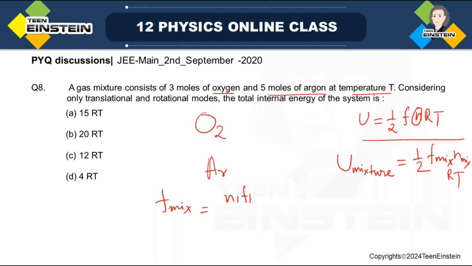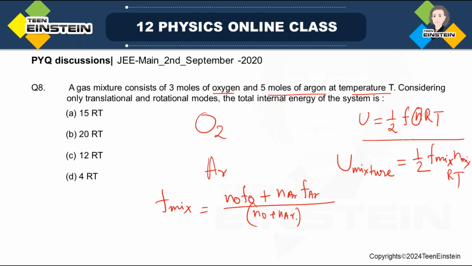Let me write it in terms of notation: number of moles of oxygen times degrees of freedom of oxygen, plus number of moles of argon times degrees of freedom of argon, divided by the total number of moles, N oxygen plus N argon.